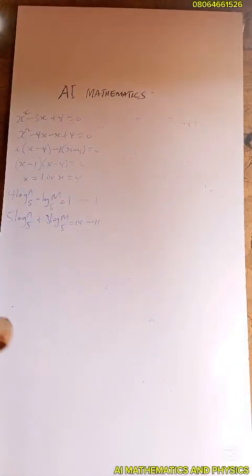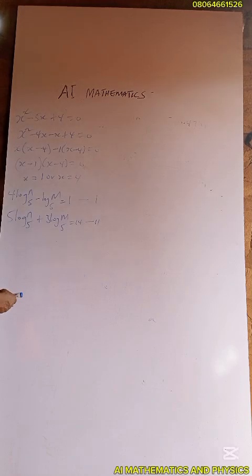So what to do is this. We have 4 log n base 5 minus log m base 5 equal to 1, and we have 5 log n base 5 plus 3 log m base 5 equal to 14. You can see this is a simultaneous equation, and you cannot just apply the logarithm rules like that. You have to do something.